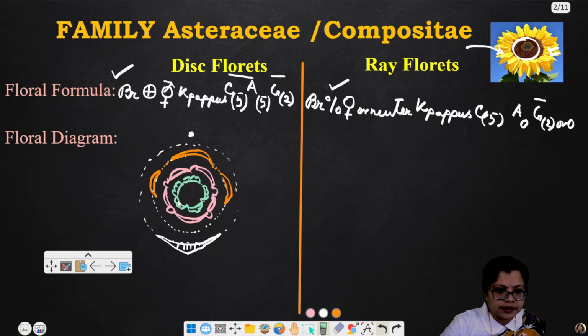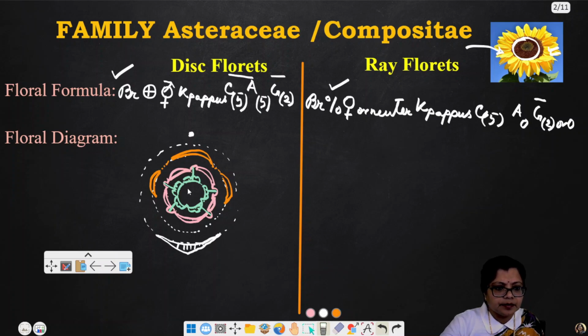Syngenesious, anthers are joined laterally, so that's why it is shown in this way. Now what have we learned? Epipetalous, that is attached with the petal. So by showing this line we have to express that it is epipetalous.